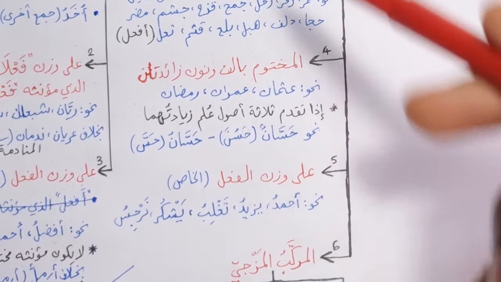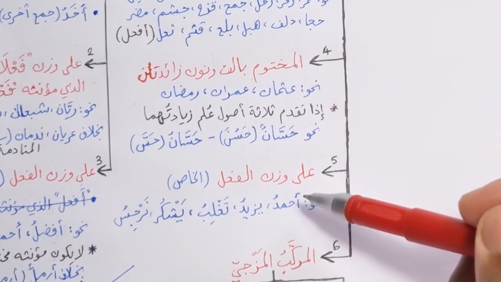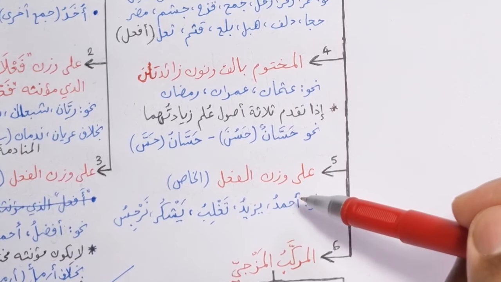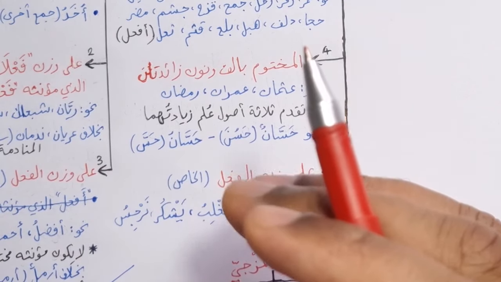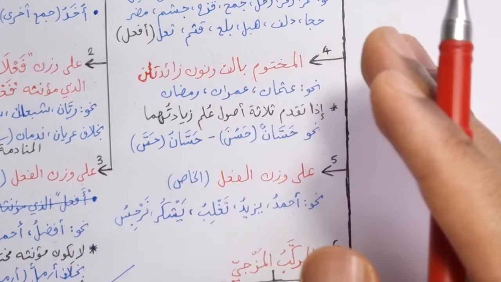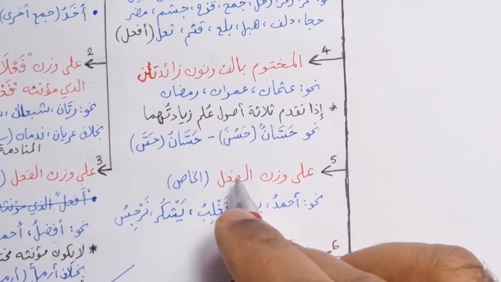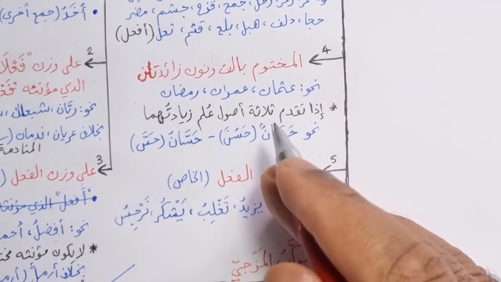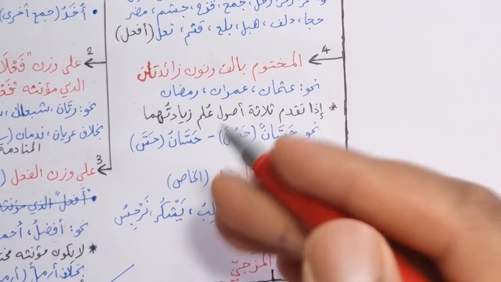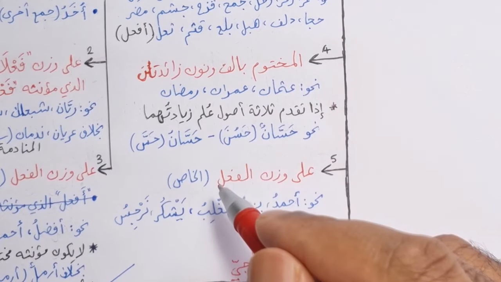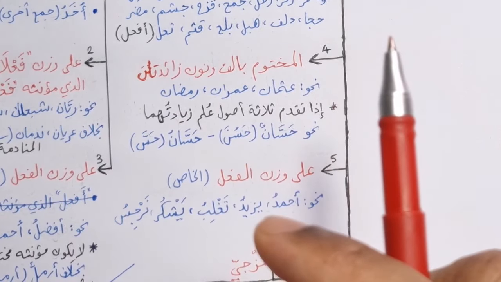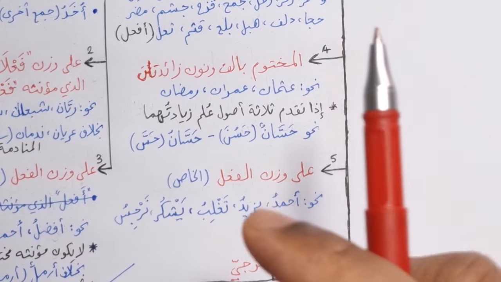The fifth, alam ala wazn al-fi'l. If it comes on the wazn al-fi'l, there are certain patterns of the verbs which are specific to verbs. If an alam comes on one of these patterns, then it becomes mamnu' min as-sarf. The examples that they mention is like fa'ala, that type of pattern is specific.